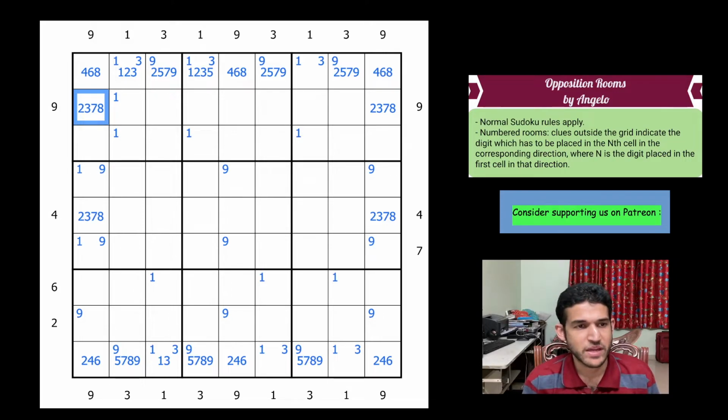Come on, help me eliminate something. So can this be a 2-8? So if this is 2-8, this will be 4-6 and this will be 4-6. I mean these. So this will be 8, this will be a 9, this will be a 2.